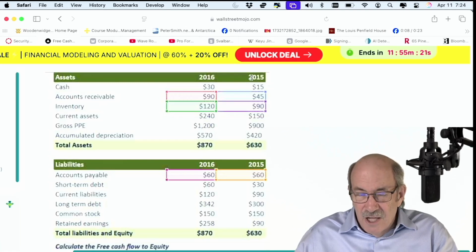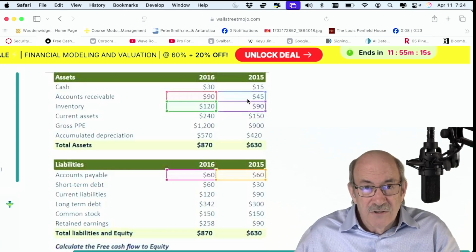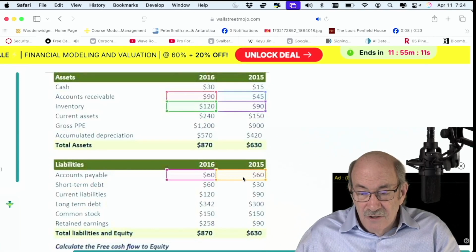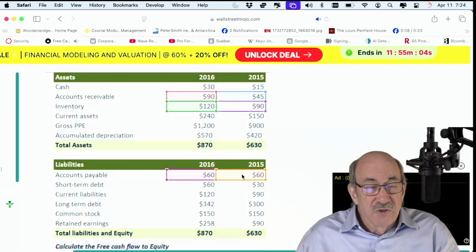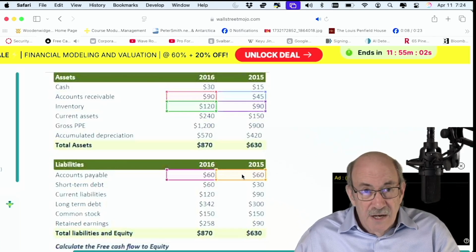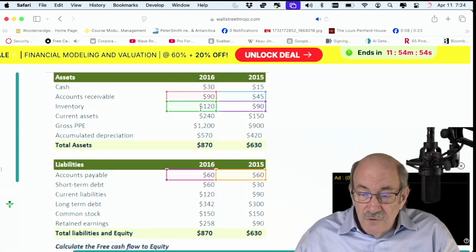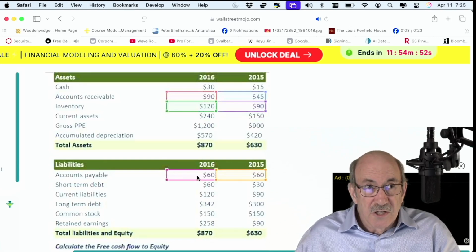So this last column is 2015. The first column is 2016. Last year, they had $45 in accounts receivable and $90 in inventory, $60 in accounts payable. So that'd be $135 minus $60. So they had a net working capital of $75, right? Here it went up to $210 minus $60.